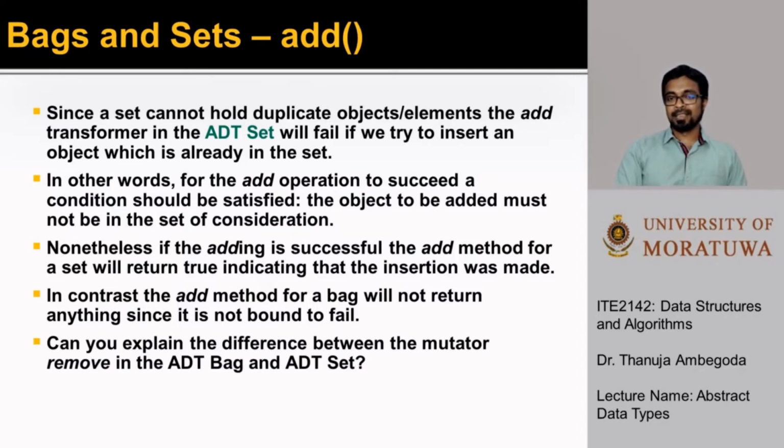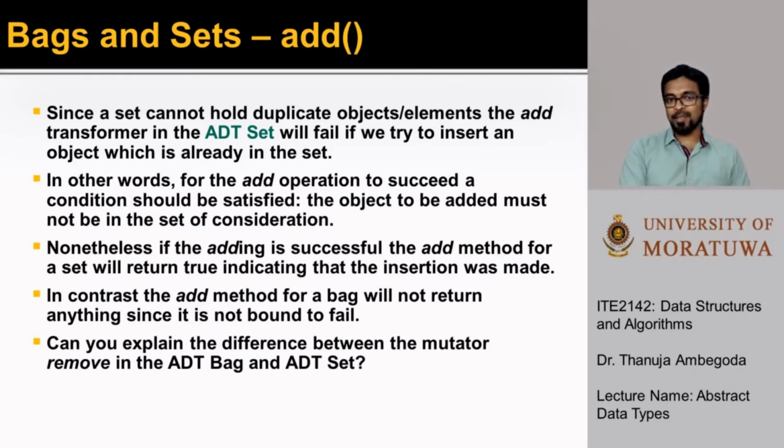So that's never going to fail. The add method for a bag is never going to fail. However, for a set, the add method can fail when the object you are trying to add is already in the set.